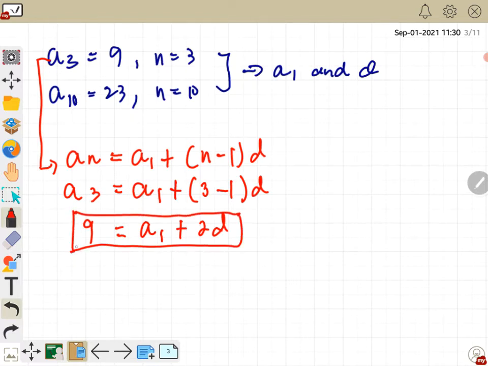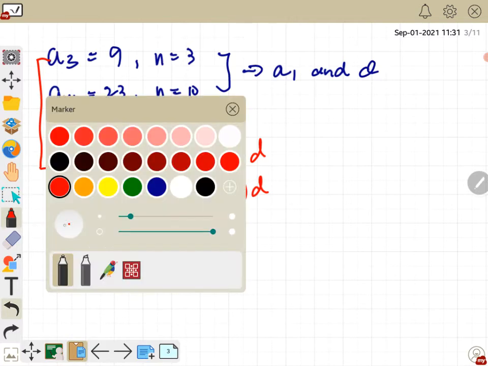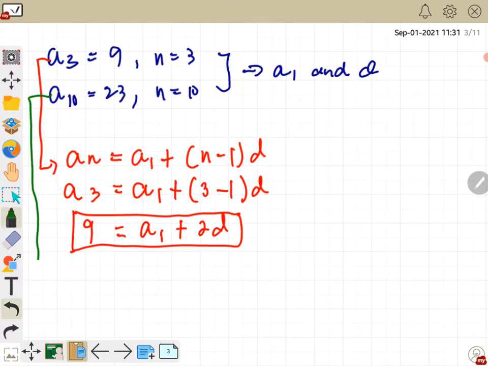Remember that we are trying to get the value of a sub 1 and d. That is two unknown variables. So that makes us form two equations involving a sub 1 and d. So the second equation that we're going to form is using this information. And the same principle, we'll use a sub n, a sub 10.